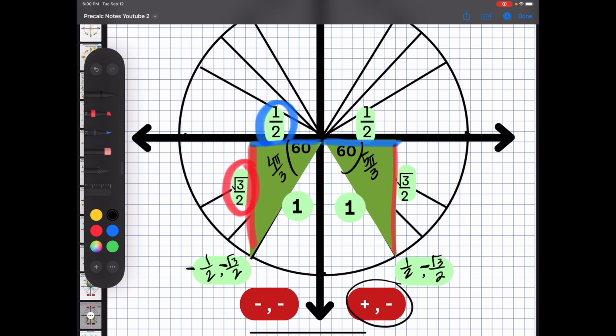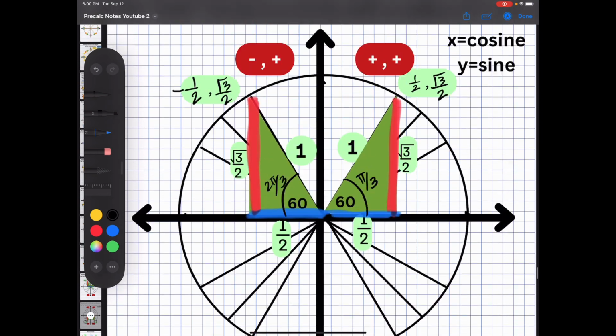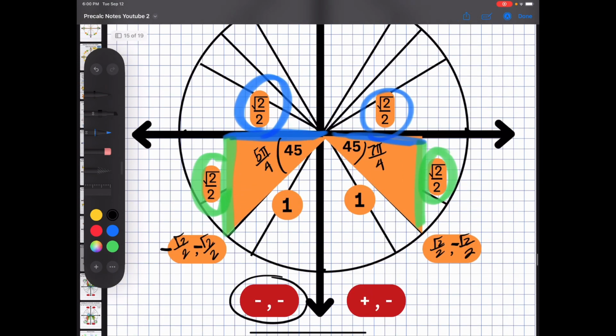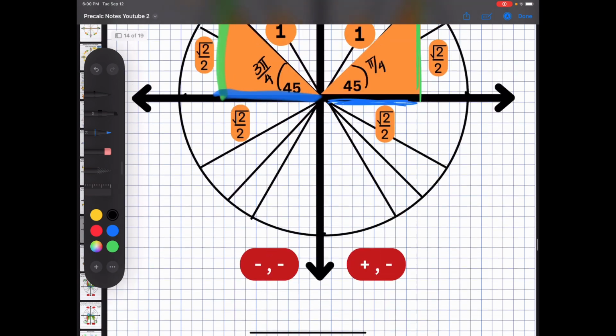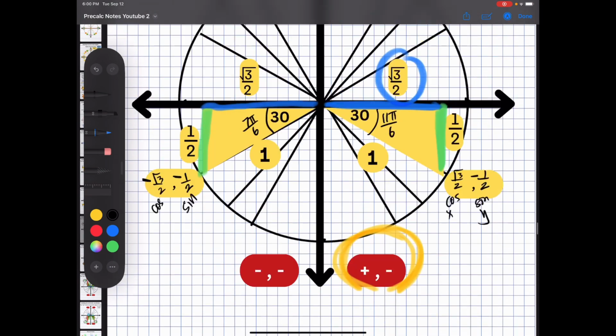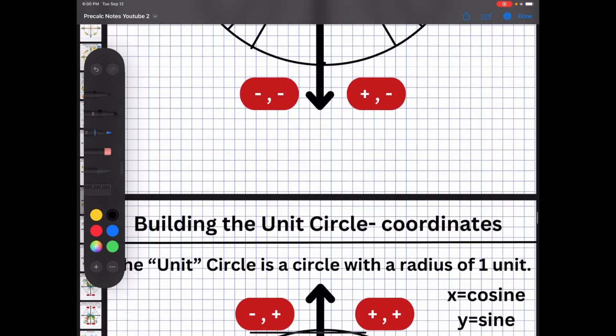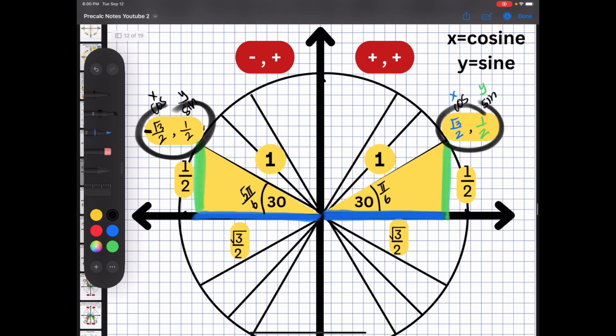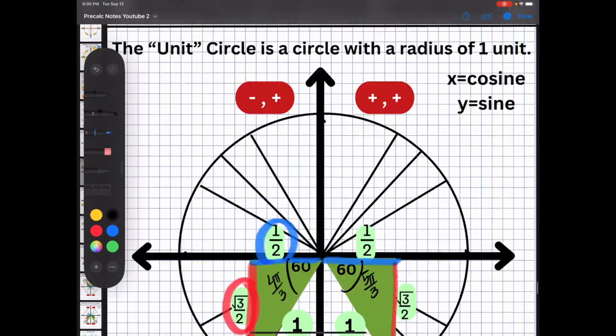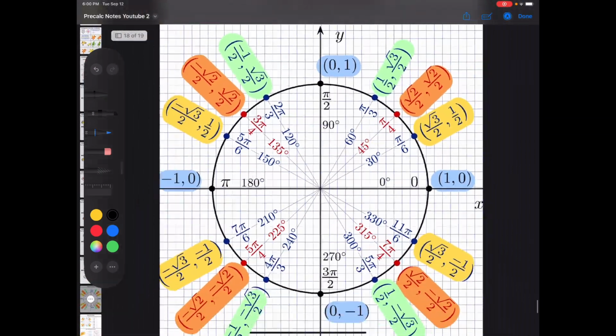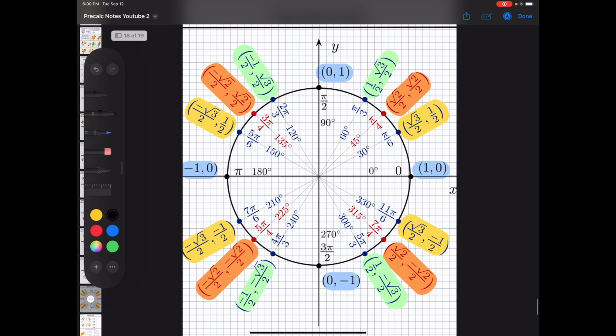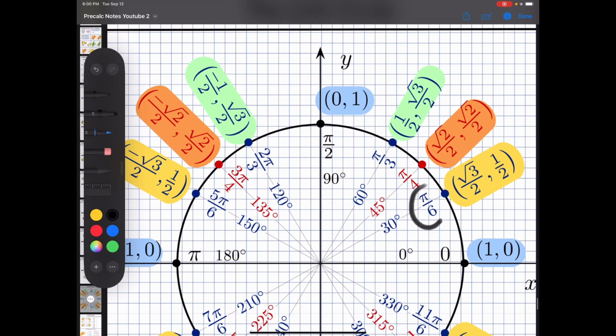And so if I were to get all of these coordinates that I just created, meaning if I were to get this coordinate and this one, and this one, all of these coordinates in different places, and copy and paste them exactly where they're supposed to be, but on the same unit circle, I would end up with this beautiful masterpiece of all the individual angles and the coordinate that matches at that specific angle.